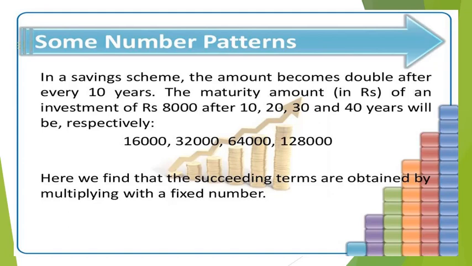Let us suppose initially you have 8000 rupees in your hand. After 10 years, your 8000 will get converted into 16,000. Again, after 10 years, your 16,000 will get converted into 32,000. Here, we find that the succeeding terms are obtained by multiplying with a fixed number.